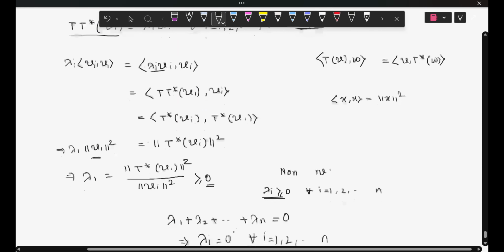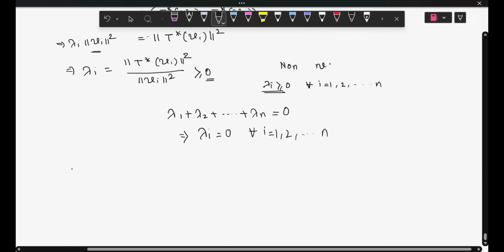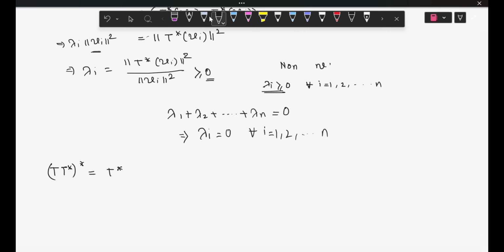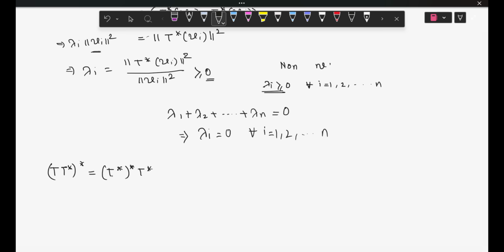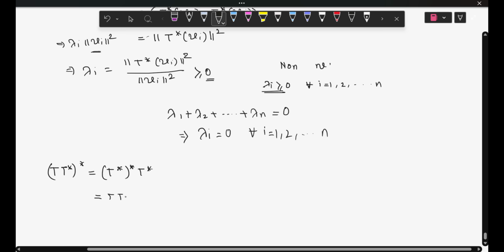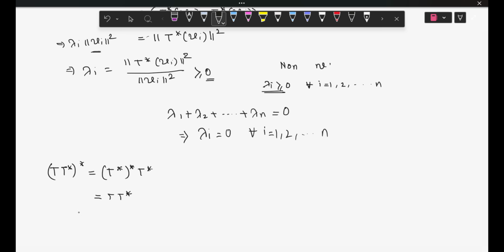Now again note that if I take the star of this operator T star, I can write T star whole star. Now T star whole star is equal to T star. This implies T star is a self adjoint operator. Hence it is orthogonally diagonalizable, right? By the spectral theorem it is diagonalizable.